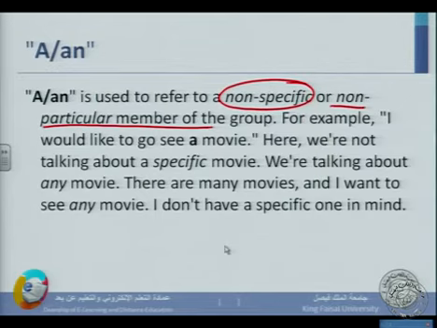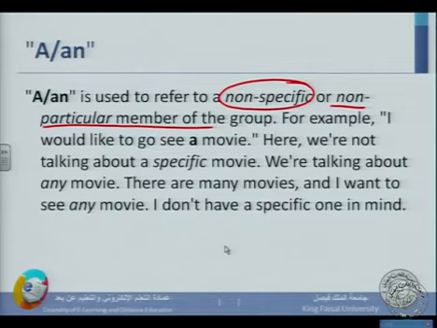For example, I would like to go see a movie. Here, we're not talking about a specific movie. We're talking about any movie. There are many movies and I want to see any movie. I don't have a specific one in mind.